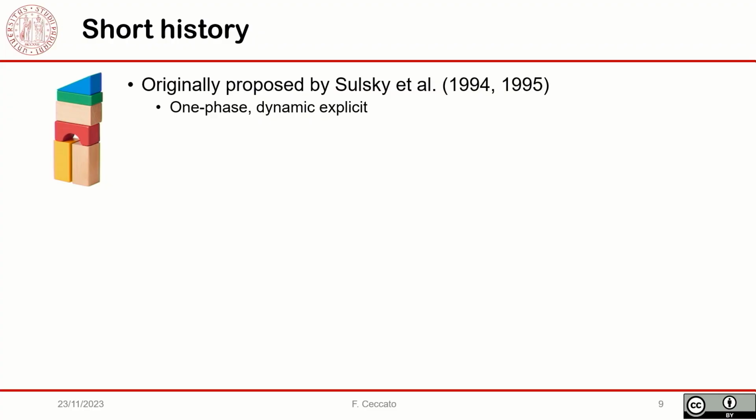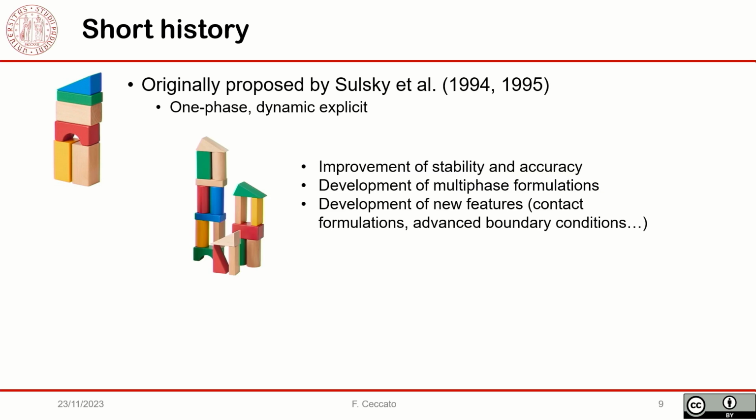The method was originally proposed by the group of Professor Deborah Sulsky in the 90s. The first formulation was one-phase, dynamic, explicit, and these were the first blocks to build this framework. But through the years, it developed with a lot of improvements in the stability and accuracy of the method. Several multi-phase formulations were developed, which is very important for geomechanics because we have a lot of problems of soil-water interaction.